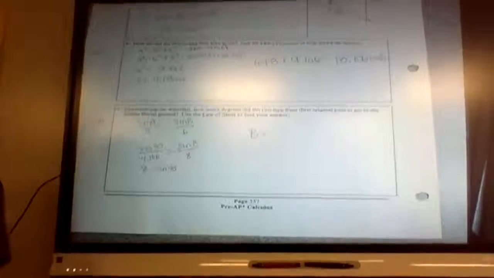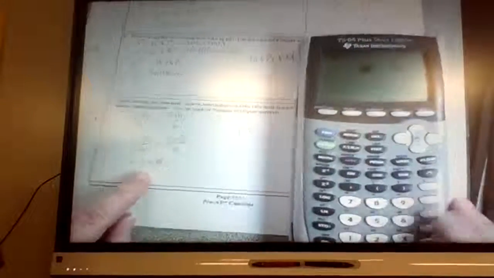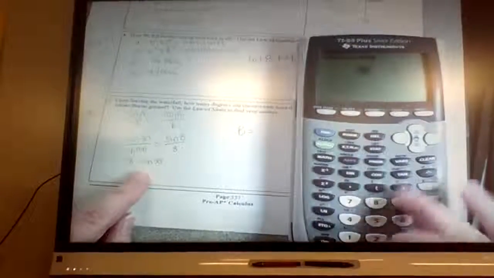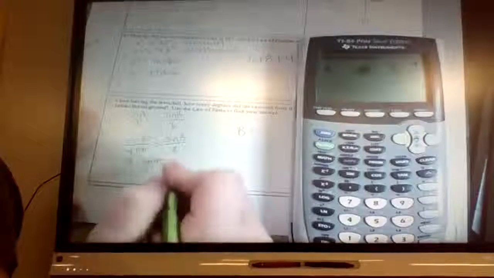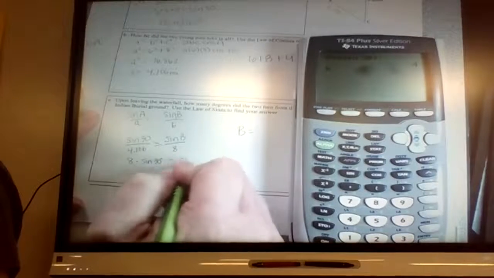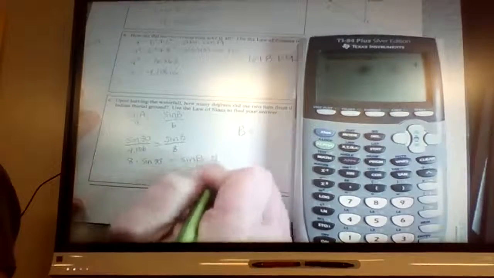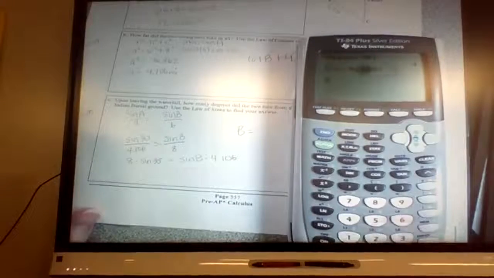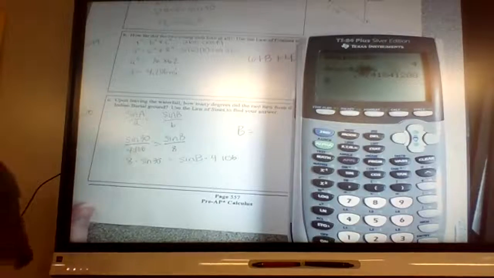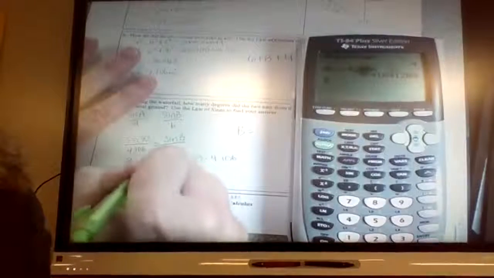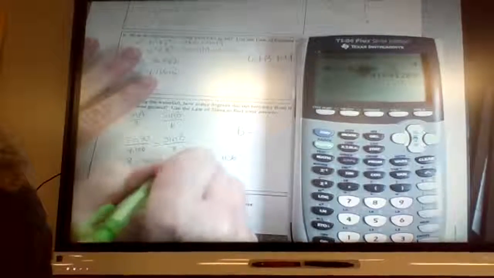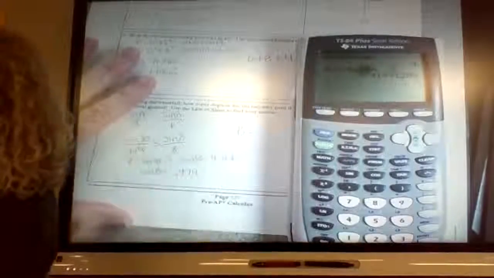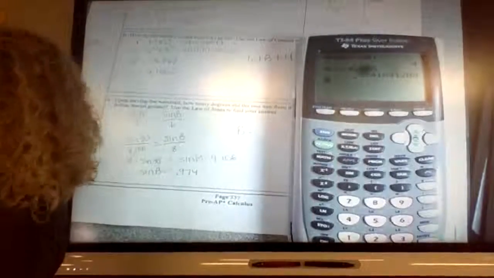All right, so I multiplied these two. 8 times the sine of 30. Okay, and that equals the sine of B times 4.106. So I divided by 4.106. And I got that, right? So the sine of B equals 0.974. That's what the sine equals.